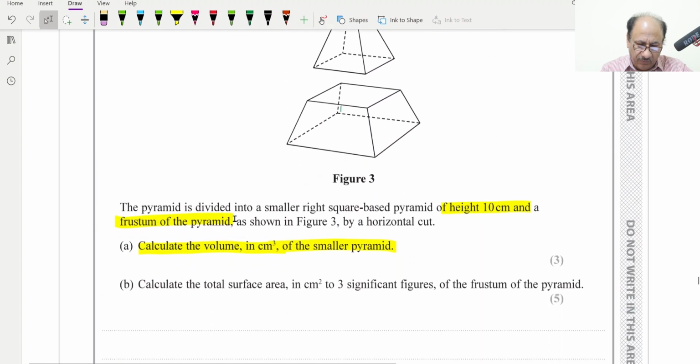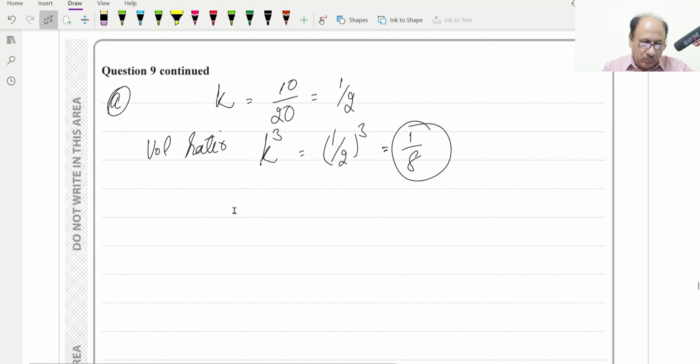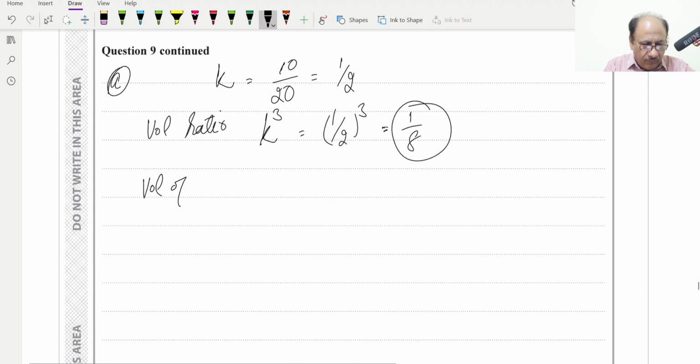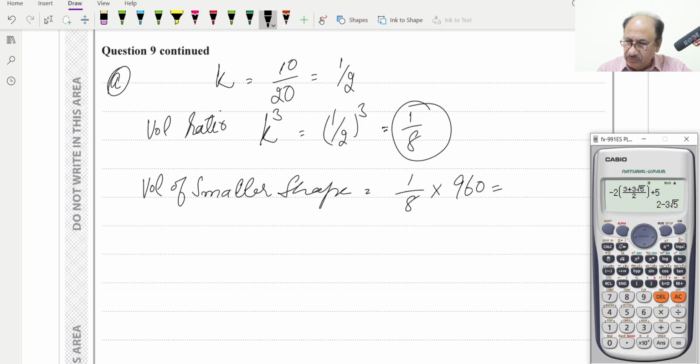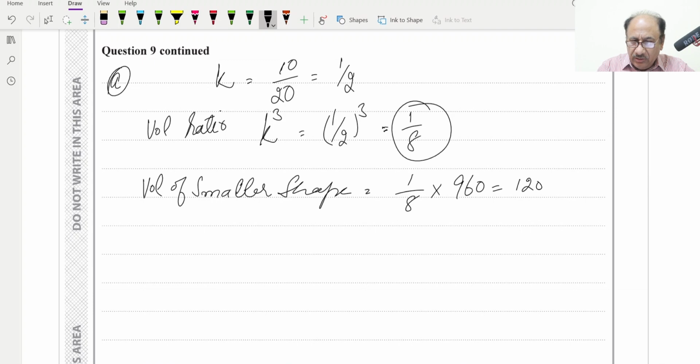So from here we can find the volume of the smaller shape, which will be equal to 1 by 8 of 960, and 1 by 8 of 960 is what? 1 over 8 of 960 is equal to 120 centimeter cube. This will be the answer for A part. This will be the volume for the smaller cone.